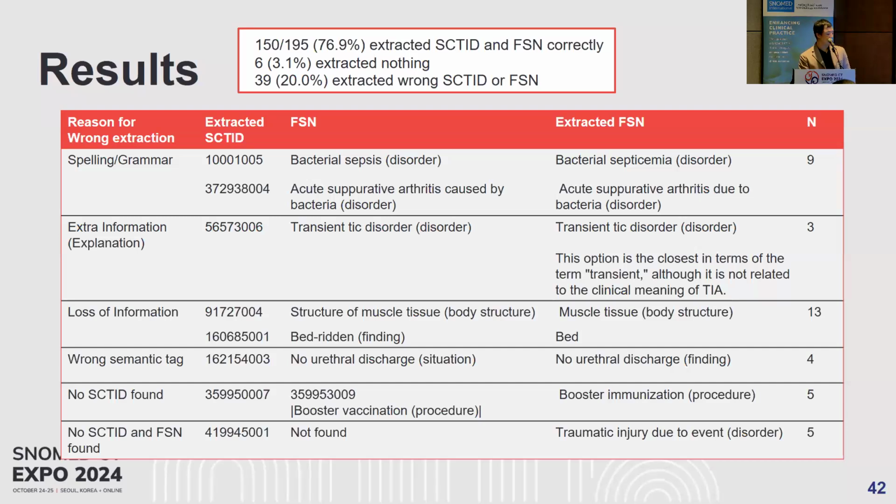Then the wrong semantic tag. Sometimes the SNOMED CT ID that they extract is a situation, but they actually extracted it as a finding, or generated some wrong SNOMED CT ID, like this one, the booster immunization.